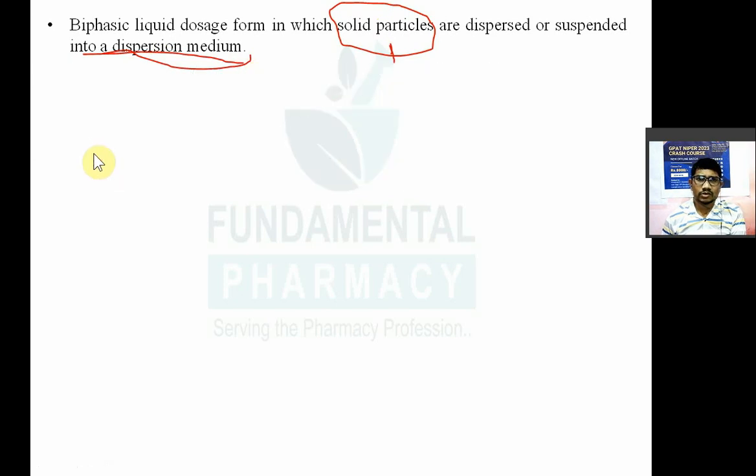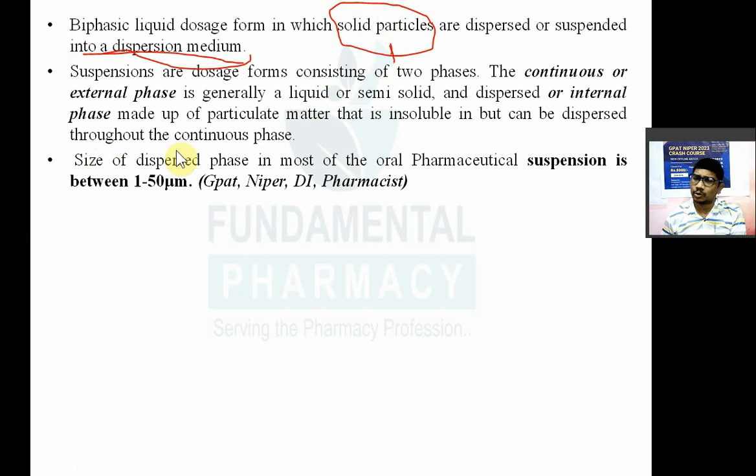Now suspensions are dosage forms consisting of two phases. One phase is known as the continuous phase or external phase, which is a liquid in this case. So in suspension the external or continuous phase is, in general, either a liquid or semi solid.